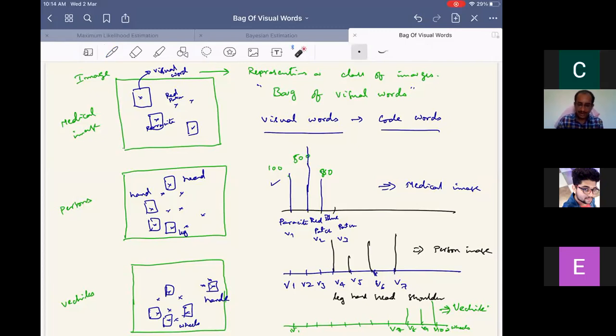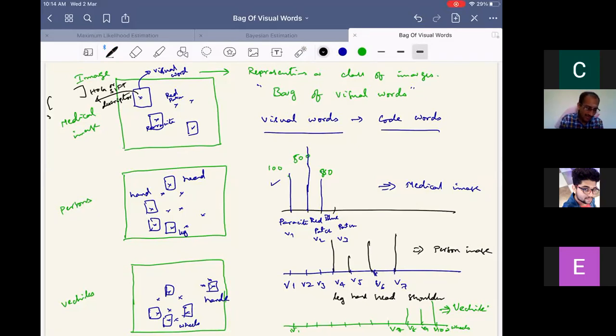Identification of the visual words. Right. So visual words themselves are represented by the SIFT descriptor. Whatever you see here is a vector. It can be HOG or SIFT descriptor that I am using to represent a visual word, because an image patch I can't simply carry, right? I have to represent it in terms of this.